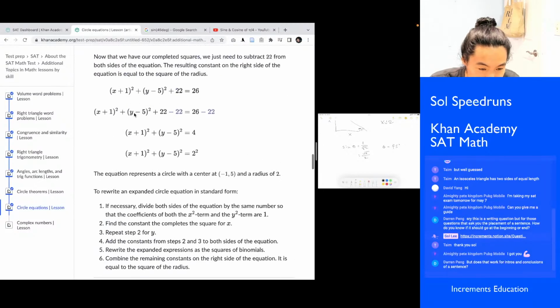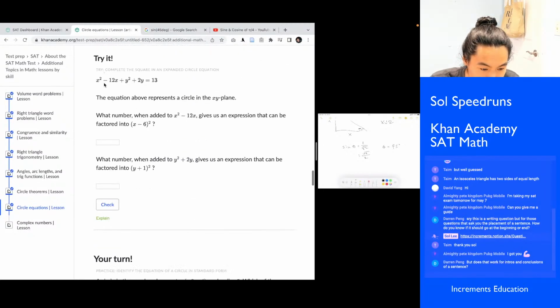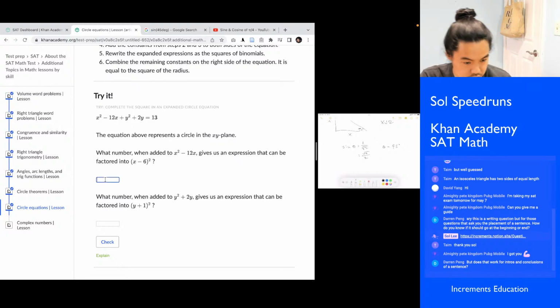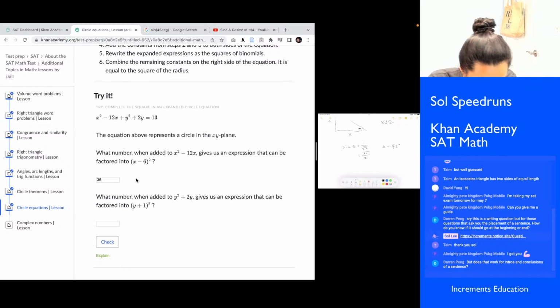Yo, I think I'm done. Should I do one of these examples? I'll do one of these examples. Okay. The equation above... what the hell? Okay. Oh, I see. 36. 2.